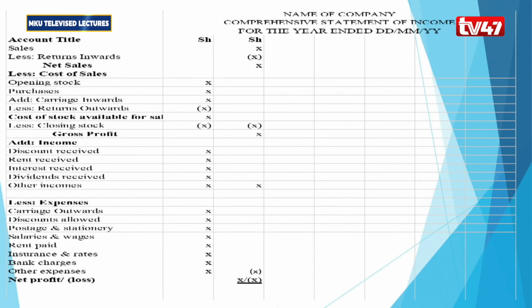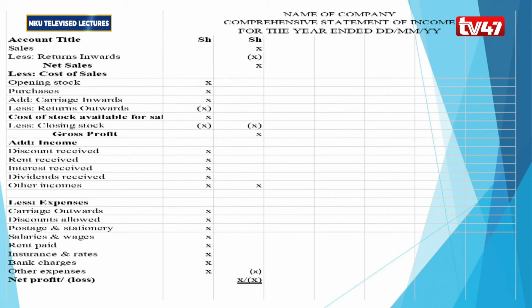You probably bought stock. Instead of paying the full amount, by virtue of the fact that you did a bulk purchase, you enjoyed the economies of scale. So a certain discount was offered. And so assuming maybe instead of paying probably 10,000 shillings, you end up paying 9,000 shillings, depending on the terms that they have. Rent received.